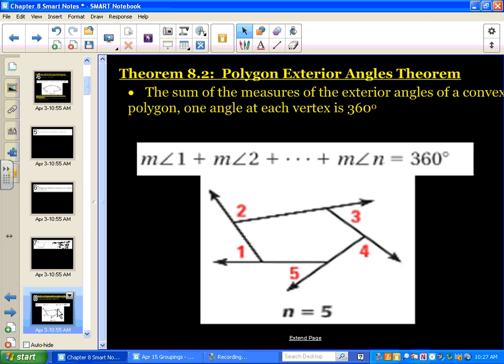The sum of the measures of the exterior angles of a convex polygon, one at each vertex, is 360 degrees. So once again, we're talking about the sum of the measures of the exterior angles.